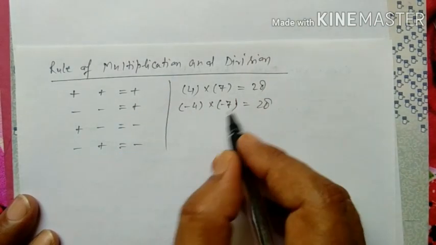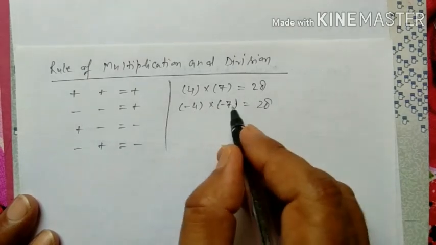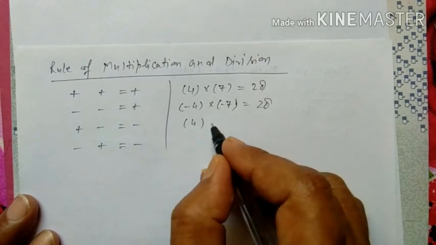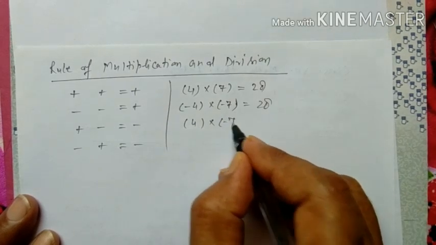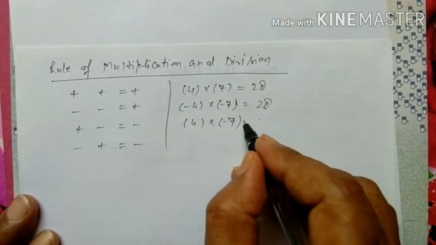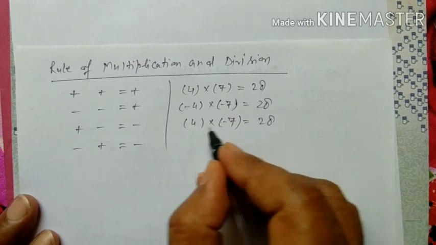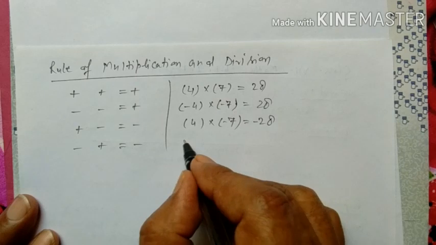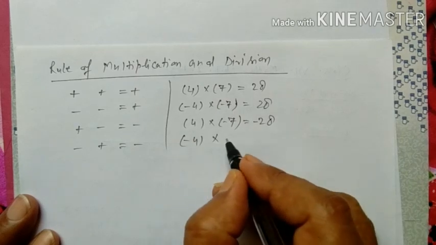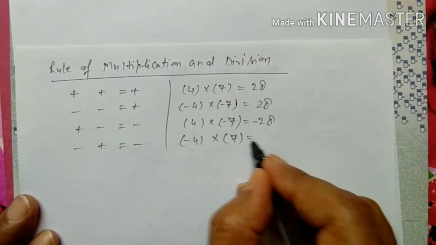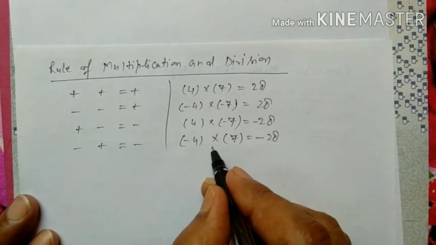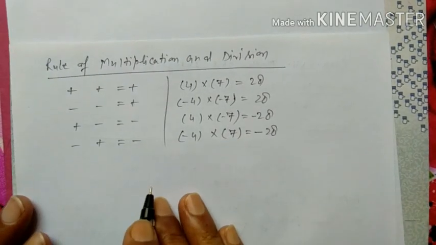Two minuses cancel out, or minus minus becomes plus. When plus 4 into minus 7, then 4 sevens are 28, and the minus sign, this rule. And minus 4 into plus 7 becomes 28, and the sign will be minus. This is the rule for multiplication.